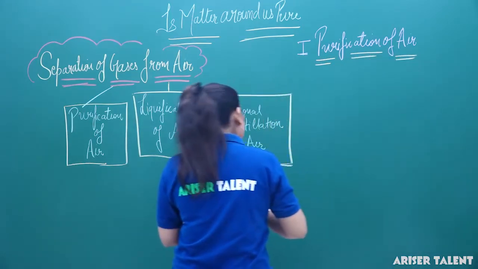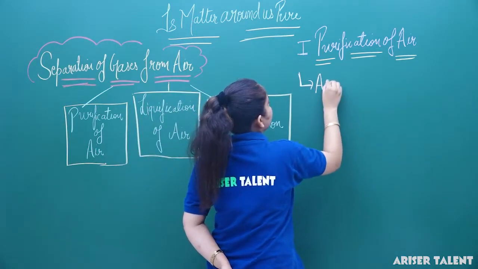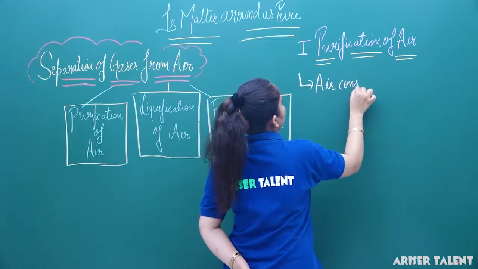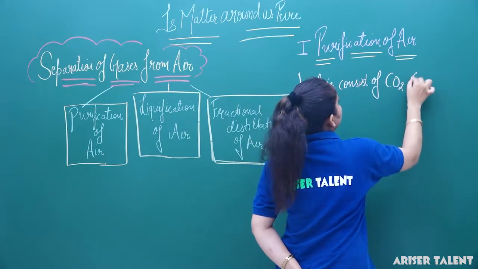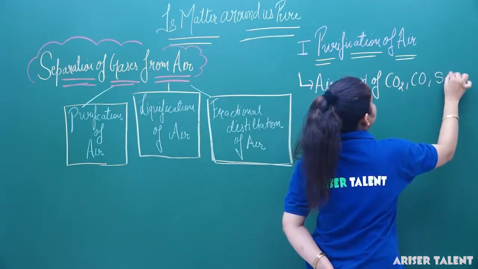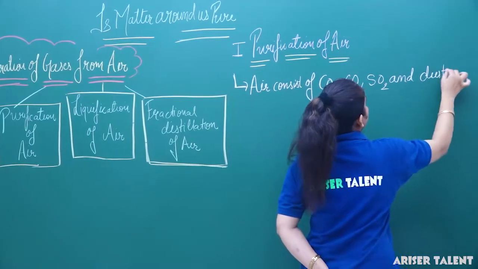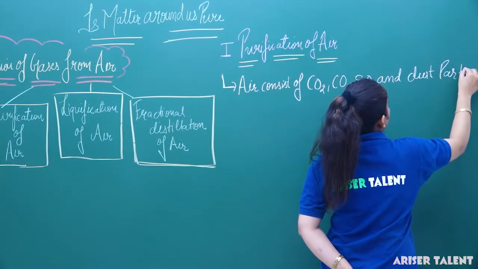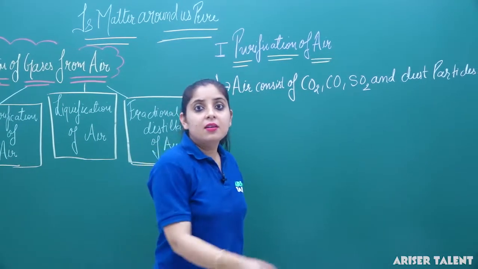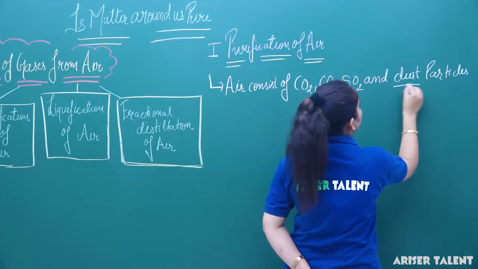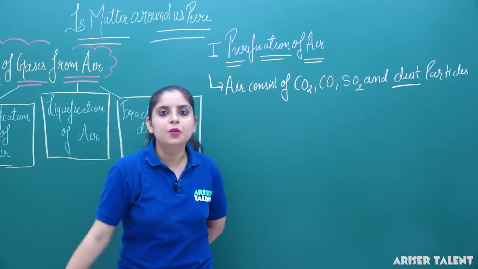In the process of purification of the air, firstly, air consists of carbon dioxide, carbon monoxide, sulfur dioxide, and dust particles. Along with these gases, the dust particles are also present in the air. So for removing these particles, we will pass the air through clean water.